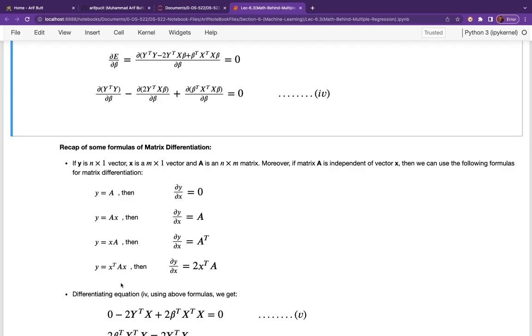So we get minus 2y transpose times x. For the third term of equation 4, we use this fourth formula and get 2 beta transpose x. So after differentiating this equation 4, we get this equation 5.